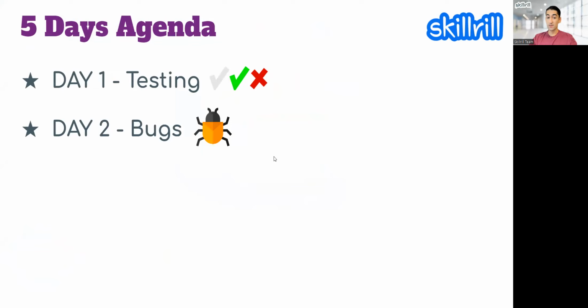And yesterday, we looked into the concept of bugs, defects, issues, and glitches, and so on, right? We discussed the bug life cycle, how defects or issues move from QA to developers and go back and forth between those two different teams and roles until it gets fixed and closed.